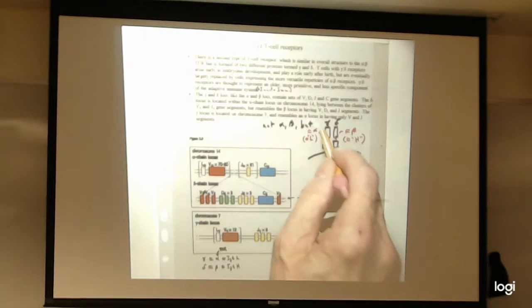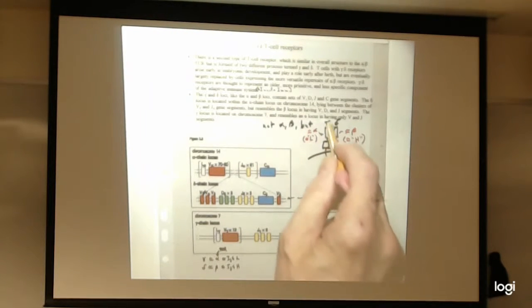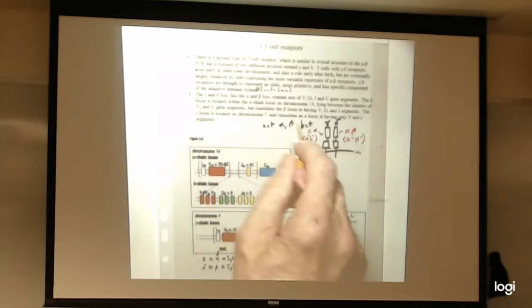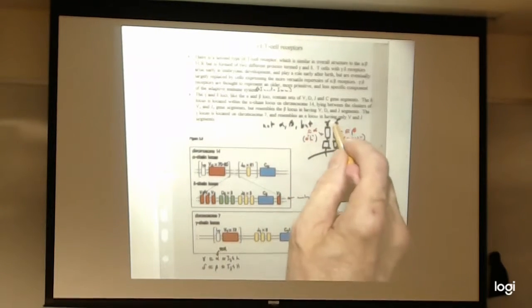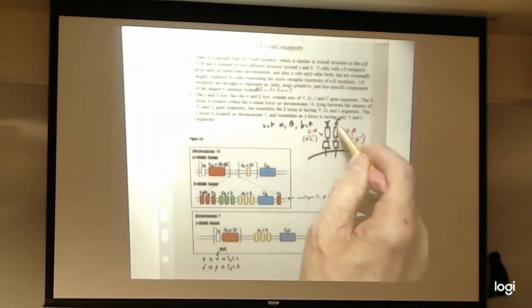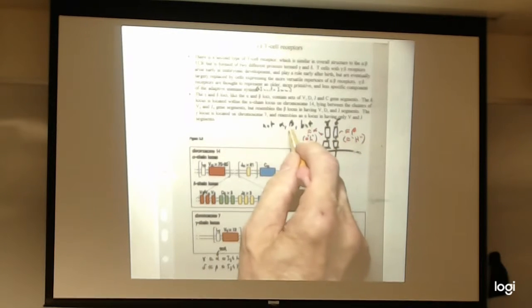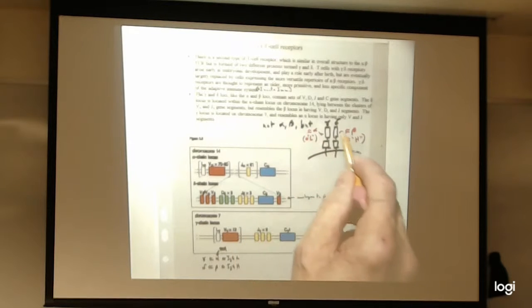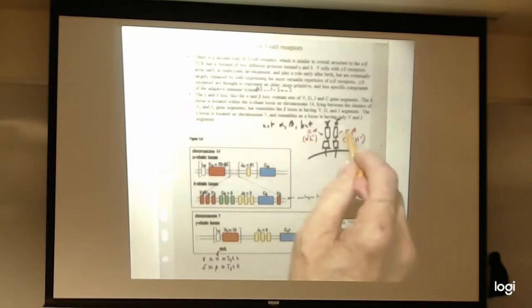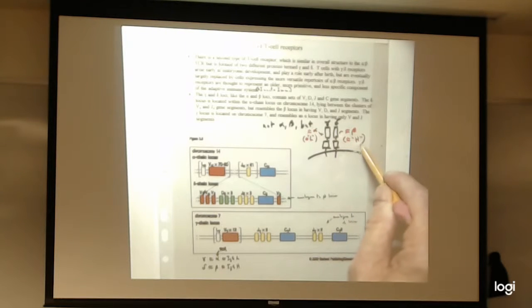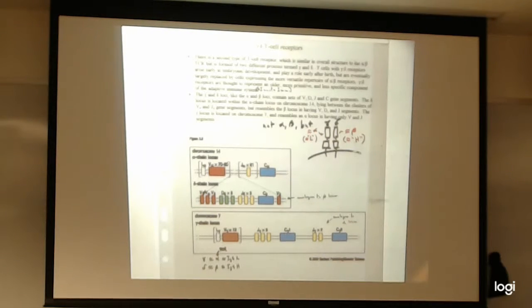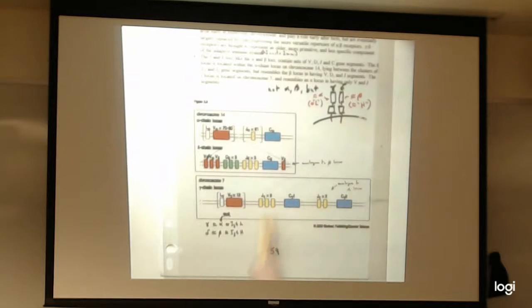So the gamma component here, again, like alpha, resembles the light chain of an antibody, and the delta subunit here, which would correspond to the beta chain of an alpha beta receptor, and like the beta chain, it corresponds to the heavy chain of antibodies. Okay, so I've written that down here as well.